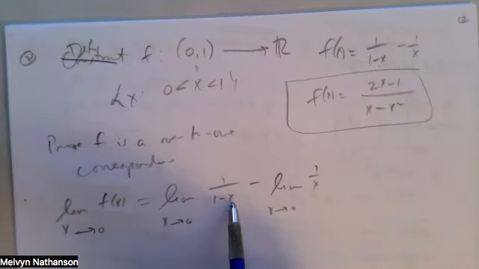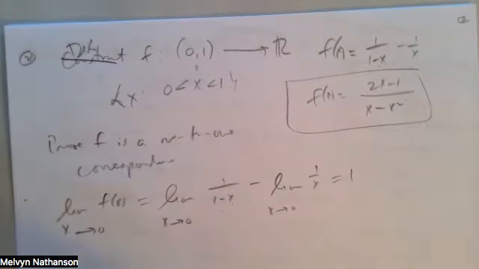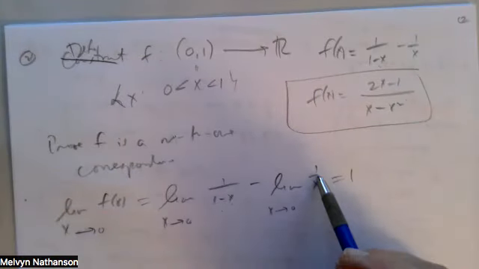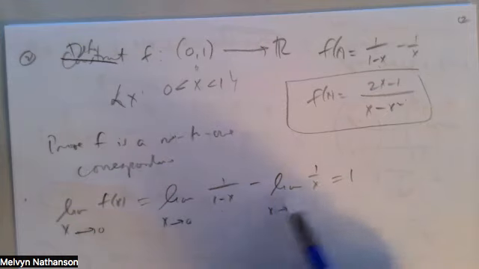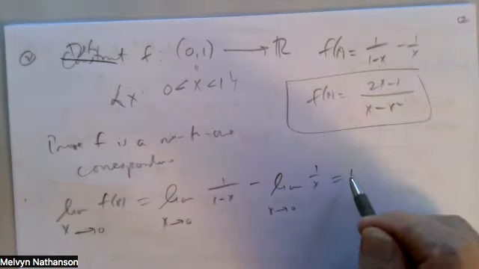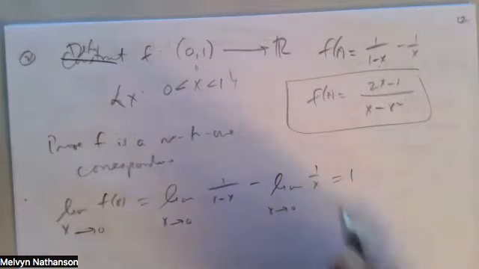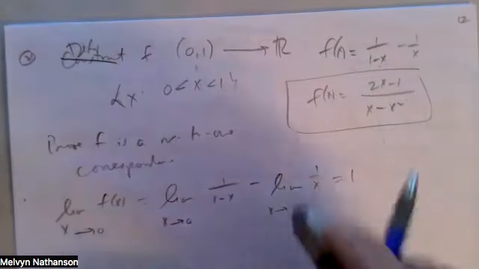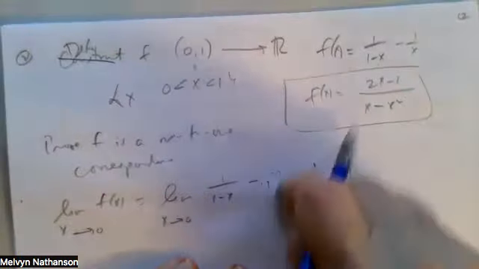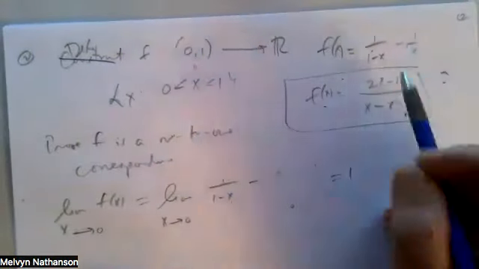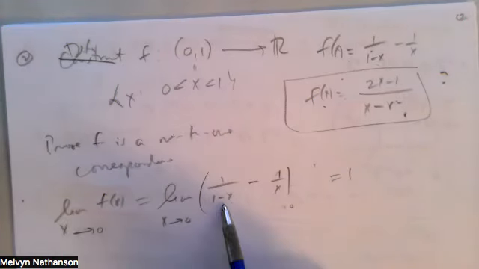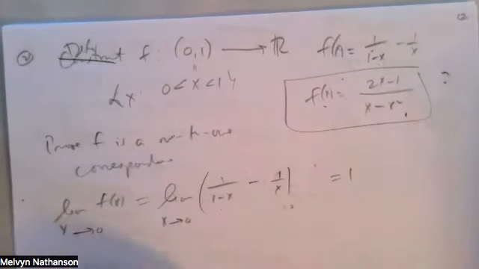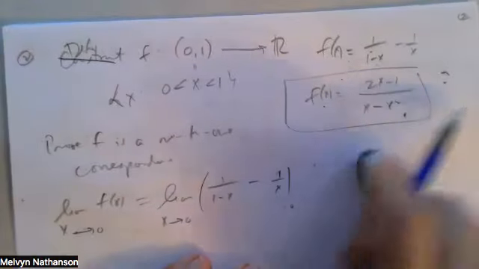As x goes to 0, 1 over 1 minus x goes to 1, and 1 over x goes to infinity, so minus 1 over x goes to minus infinity. Maybe I should make it simpler: we're taking the limit of this function, 1 over 1 minus x minus 1 over x. This goes to 1, this goes to minus infinity. So the limit is minus infinity.